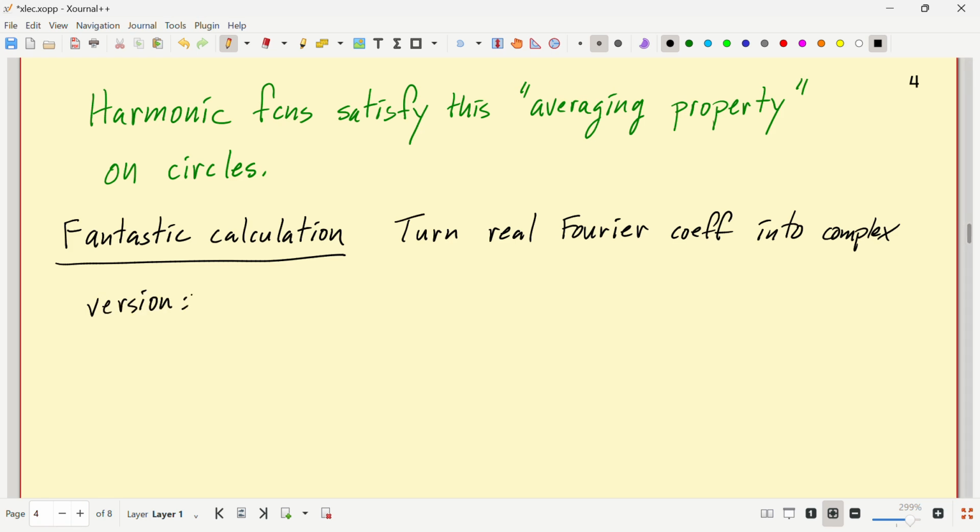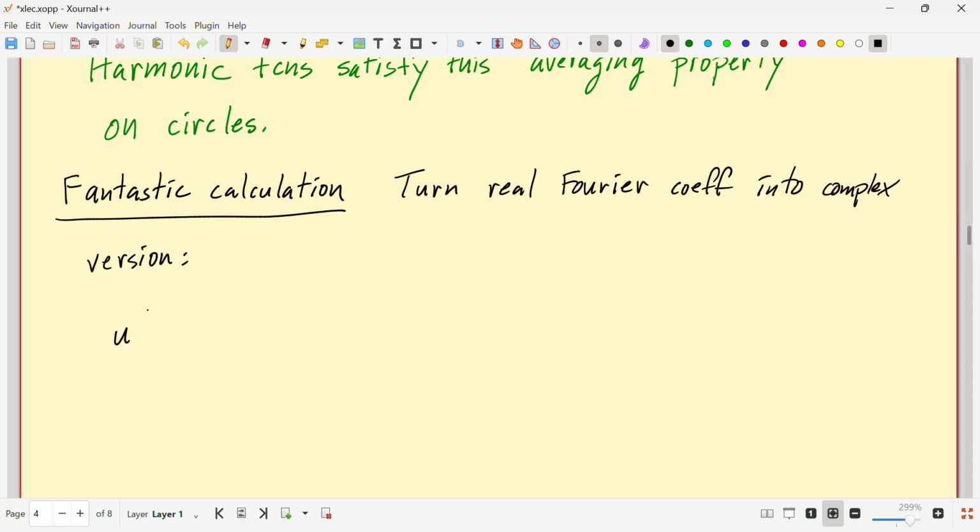So let's see, I would get u of r theta would be a naught plus the sum as n goes from minus n to plus n. Here I'd get the r to the n's are, oh blast, sorry. I'm sorry, I should stick with my notes here.